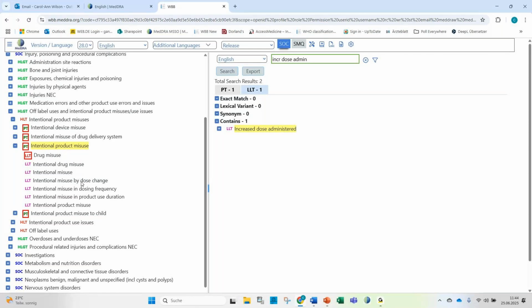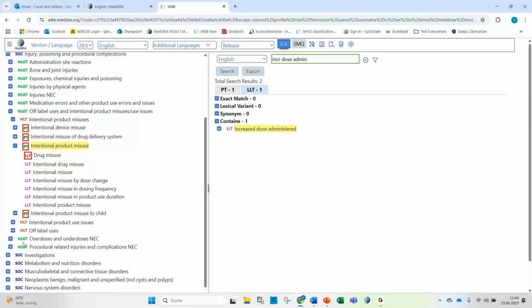So we capture the fact that something was changed in terms of the dose that was taken, that was administered, and it was an intentional decision by the patient. The other option that we had was intentional overdose. You will find it in HLGT overdoses and underdoses NEC under HLT intentional overdoses NEC.